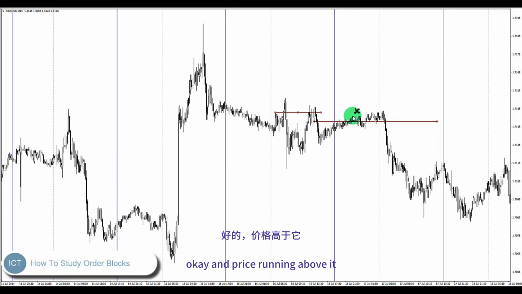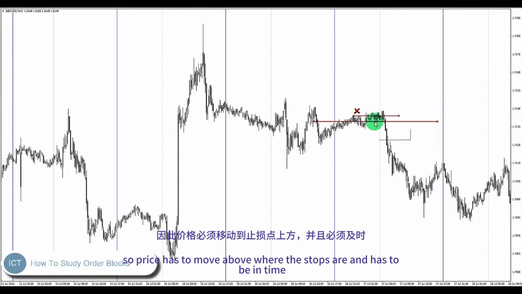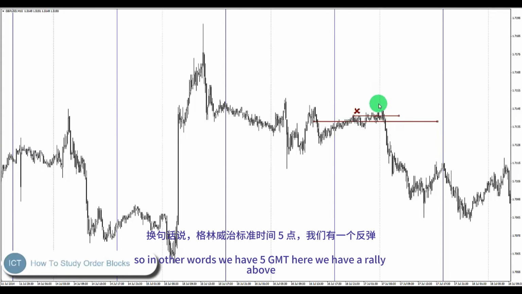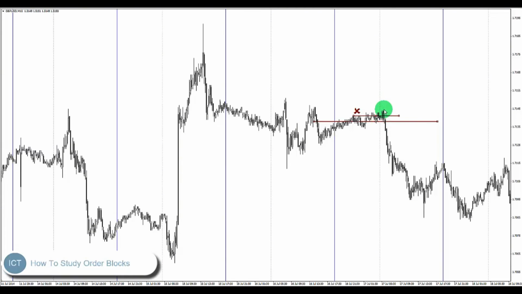And price running above it. So we have this area right here. So price has to move above where the stops are and has to be in time. So in other words, we have 5 GMT here, we have a rally above time and price, and inside this order block. You see inside that order block.